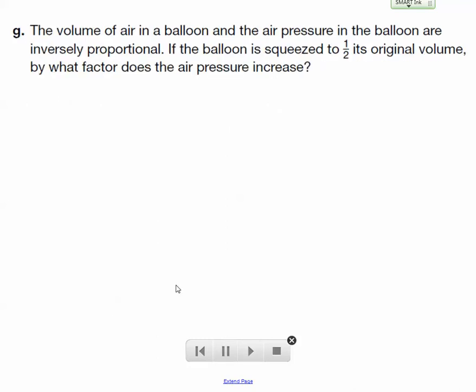The volume of air in a balloon and the air pressure in the balloon are inversely proportional. If the balloon is squeezed to 1/2 its original volume, by what factor does the air pressure increase? This is really not that bad. They give us the scale factor is 1/2.